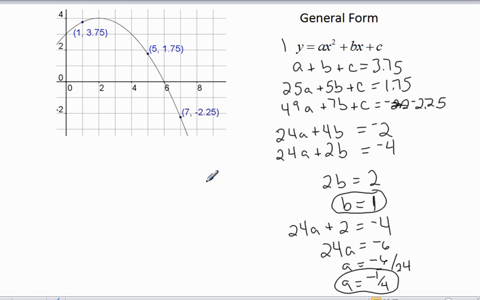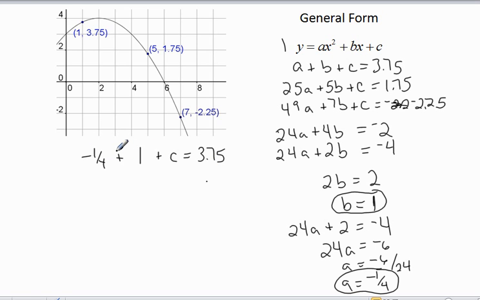So now I've got two of them. I've got to go get my third coefficient. I think to get the third coefficient, I'll use this equation up here. So for the a, I'll put in negative 1/4. B, I'm going to put in a 1. I'm looking for c, and this should be equal to 3.75. I'm going to add these two, and I think I'll do it as a fraction.